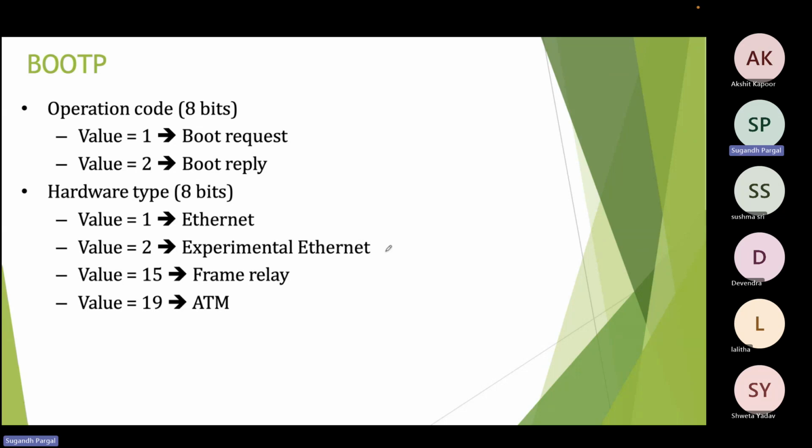The operation code of BOOTP is 8 bits with value 1 as a boot request and value 2 as a boot reply. Then we have the hardware type of 8 bits, value 1 as Ethernet, 2 as experimental Ethernet, 15 as frame relay, and value 19 as ATM.